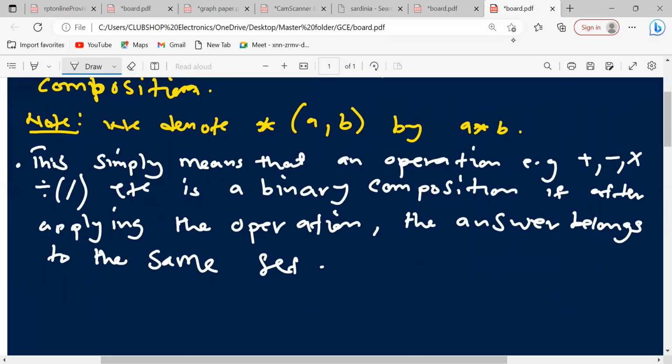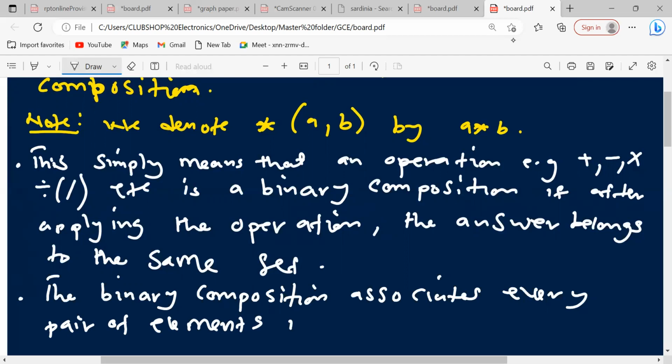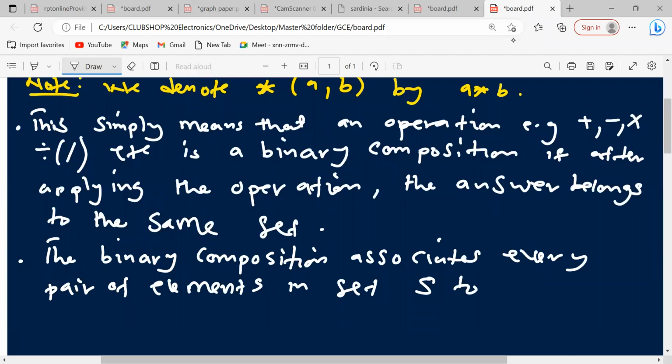Also, that means that the binary composition associates every pair of elements in set S, the one that we have taken, to a unique element in set S. That's what it means.